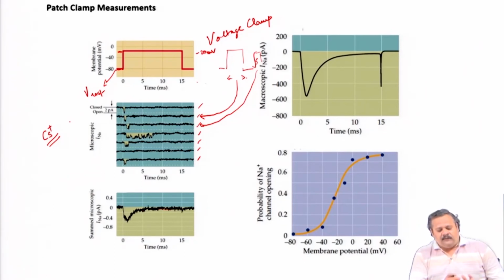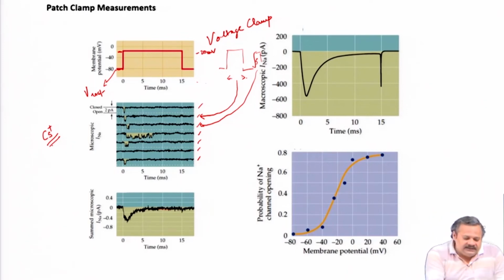If we think that sodium ion currents and potassium ion currents are the major currents that flow across the membrane, then with the cesium ion in there, what we are seeing is the current through sodium ion channels, and the average of 7 repetitions is like this.